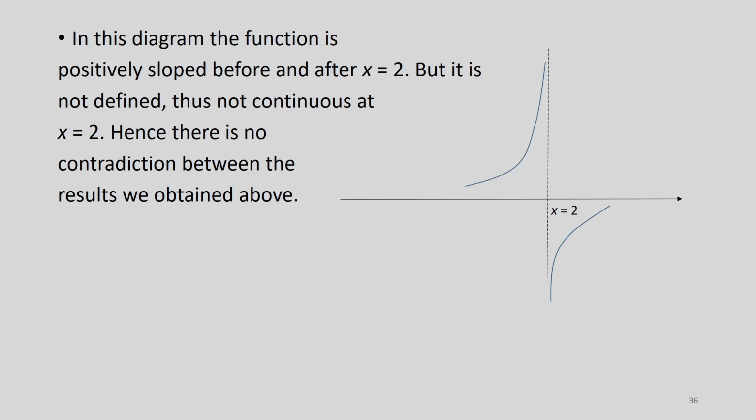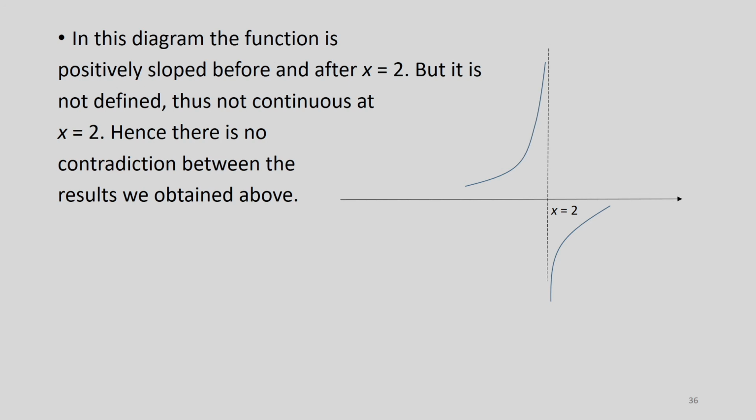So, in general the function is a rising function, right. That is what we found in the first part, f prime x is positive. However, at a particular point x is equal to 2, the function is not even defined. So, there is a discontinuity there, and that is basically the reconciliation of these two results.